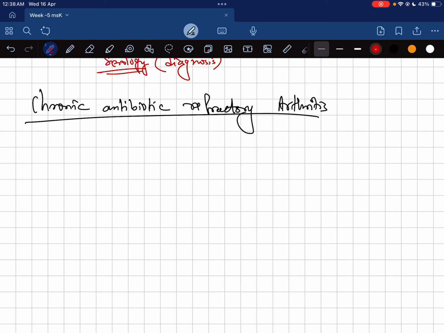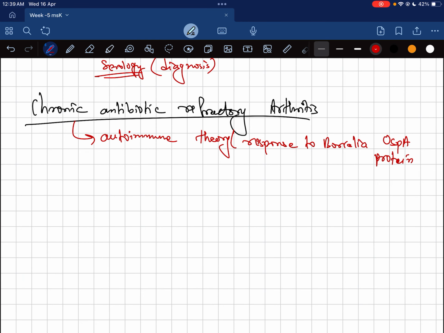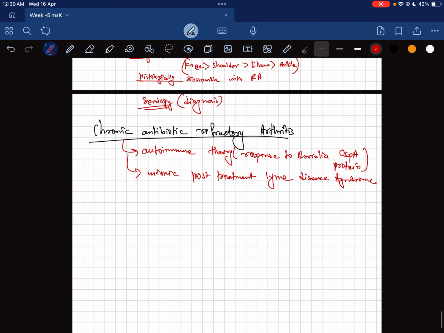In this there is an autoimmune theory, in response to the Borrelia OspA protein, and it mimics post-treatment Lyme disease syndrome, which falls under Lyme disease.